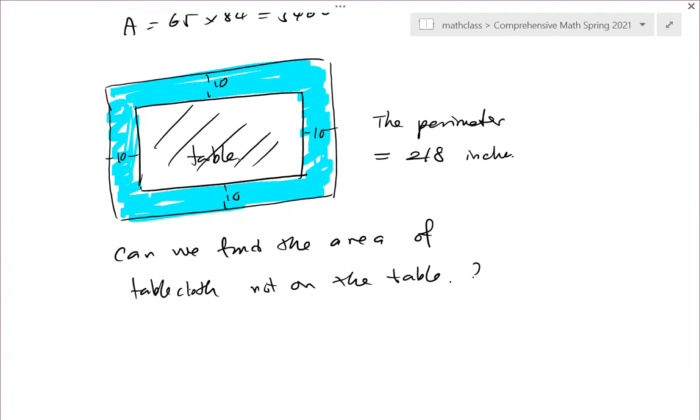The question is, if I change the dimensions of the table but keep the perimeter, do you still get the same result? Erica has an answer. Anyone else?